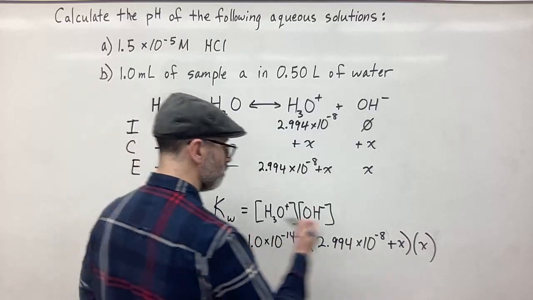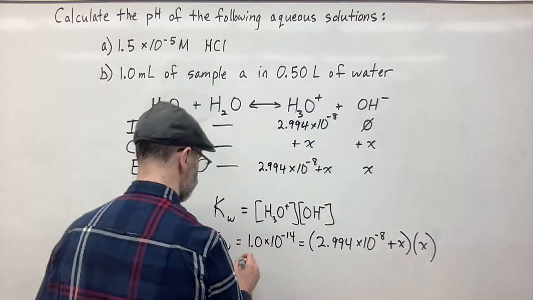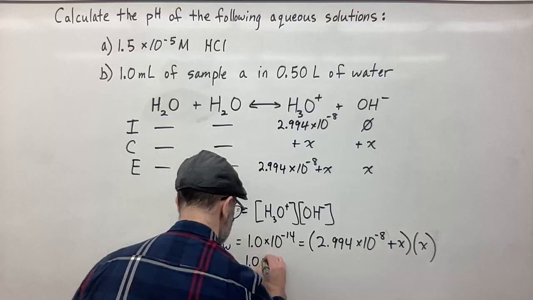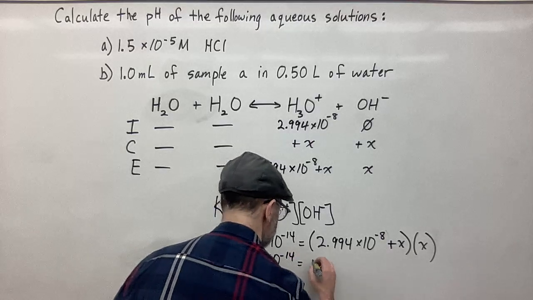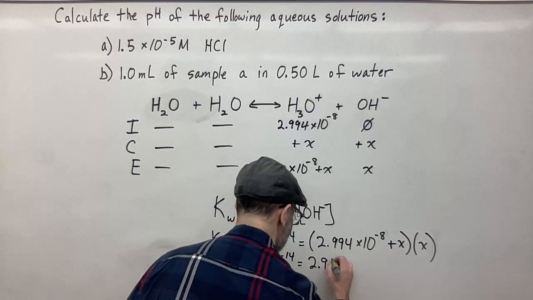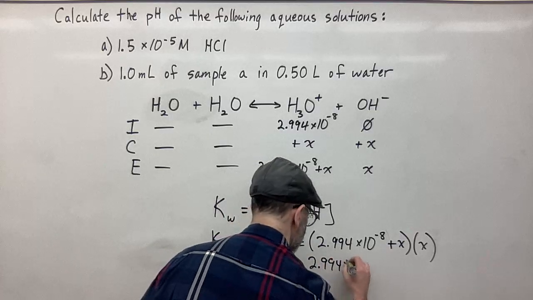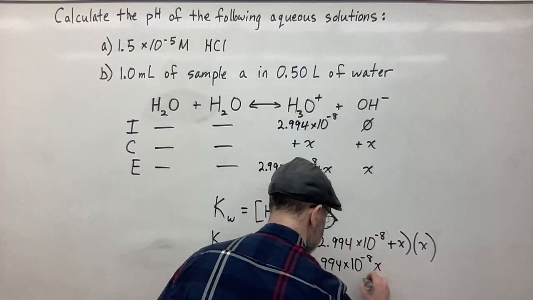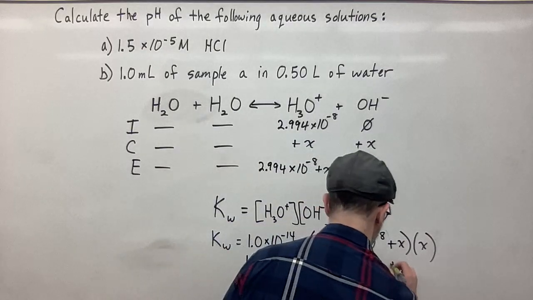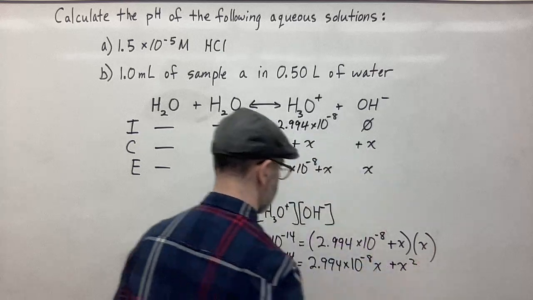So if we multiply x through, we'll get 1.0 times 10 to the negative 14 is equal to 2.994 times 10 to the negative 8 times x plus x squared.